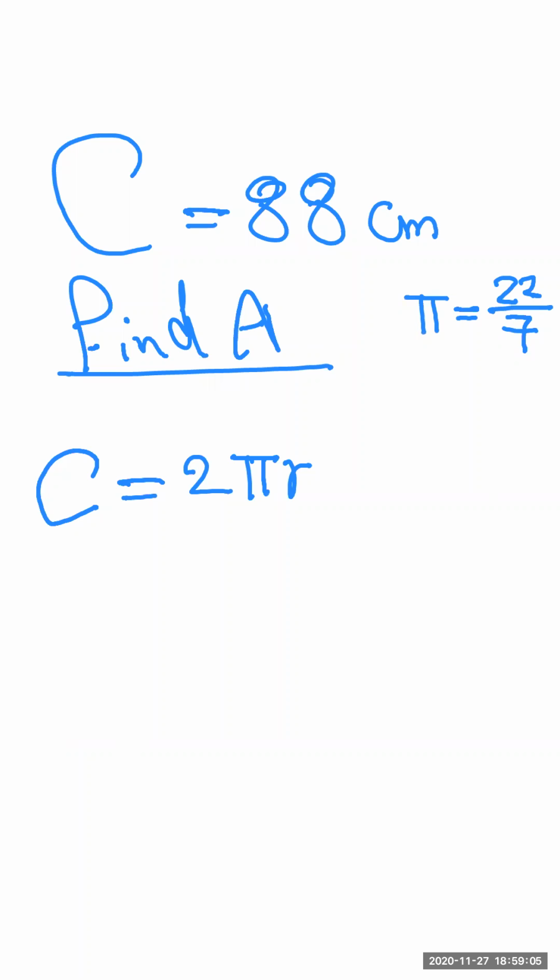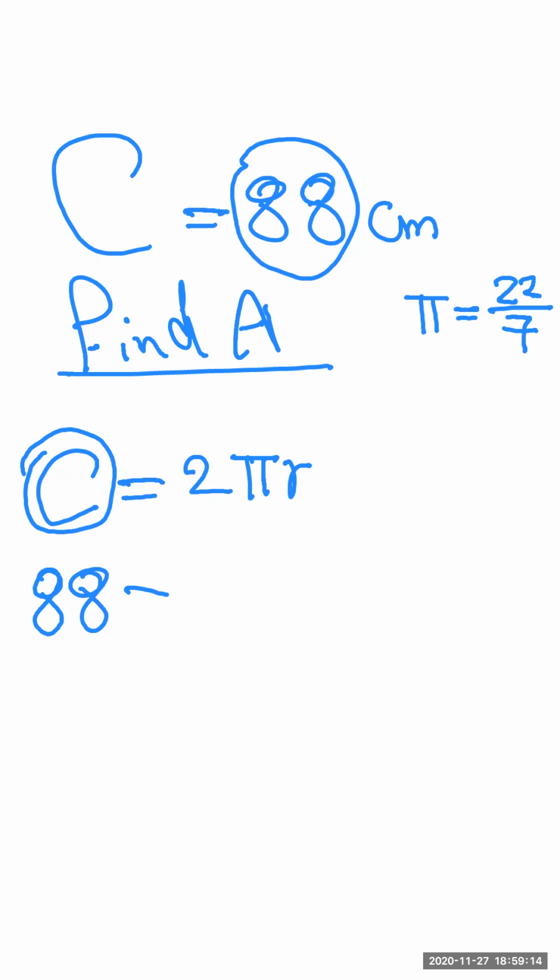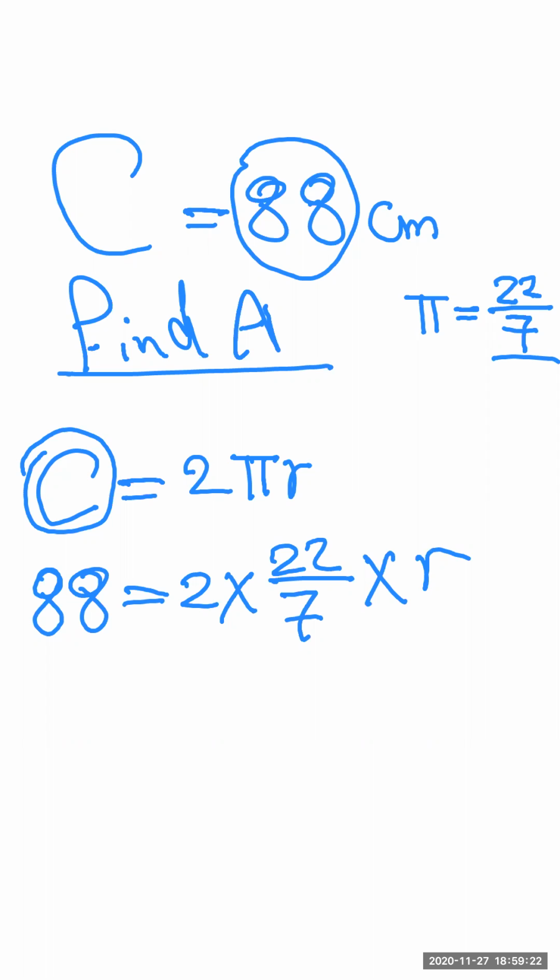So in this rule, the circumference 2 pi r equals 88. So 88 equals 2 times 22 over 7 times r.